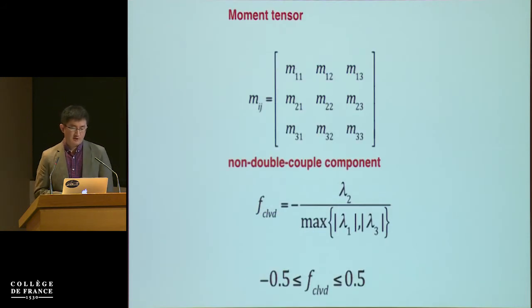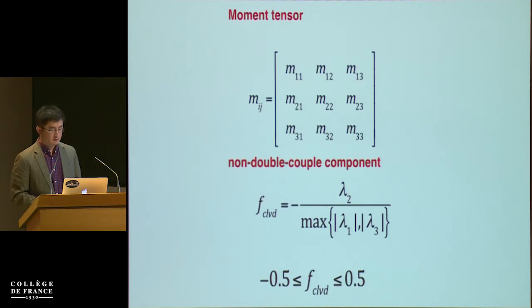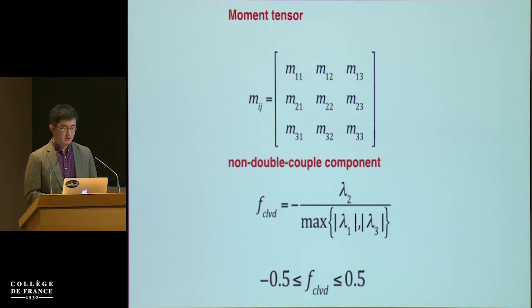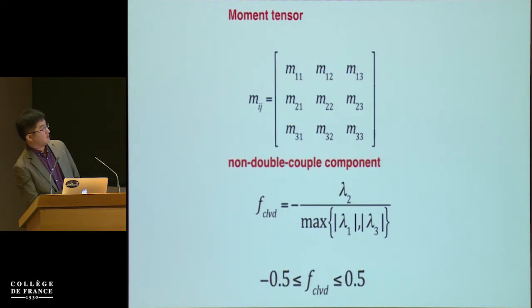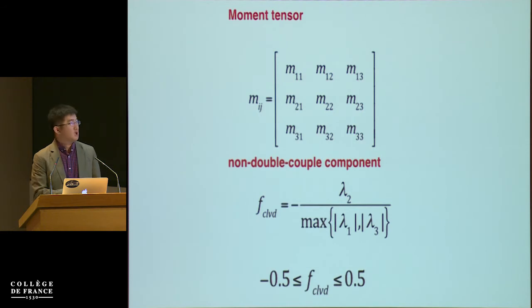So the moment tensor is a 3 by 3 matrix. It's a tensor, which means it's a coordinate-free description of the equivalent forces for earthquakes. Because it's symmetric, you can compute the 3 eigenvalues and 3 orthogonal eigenvectors. So lambda 1 is the biggest, lambda 2 is the intermediate, lambda 3 is the smallest.